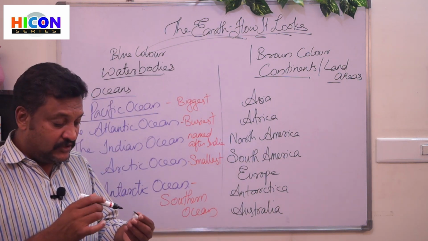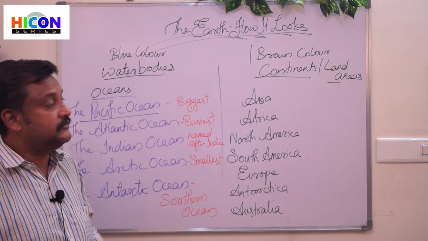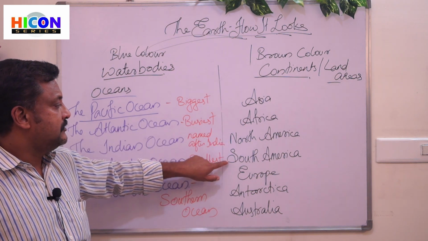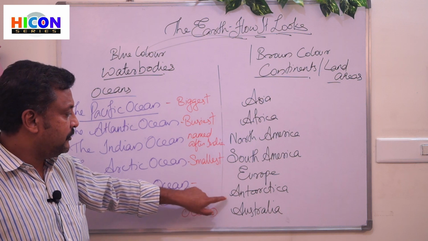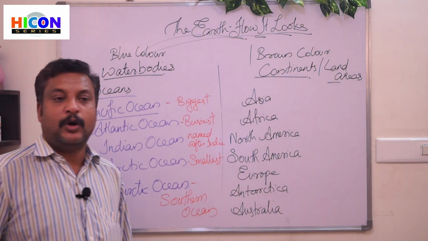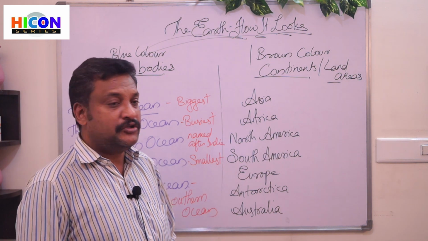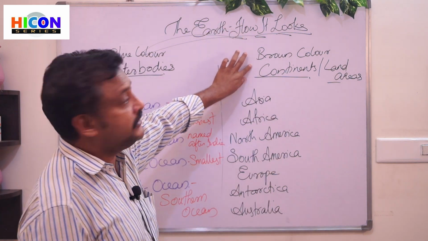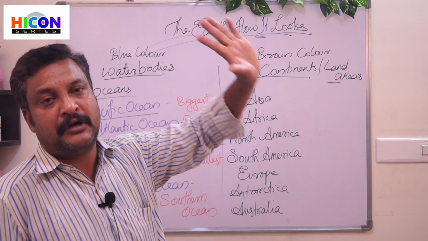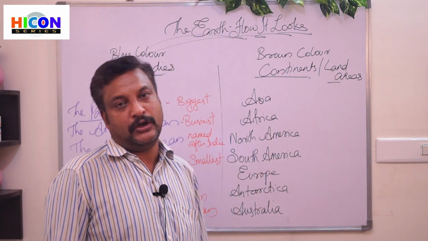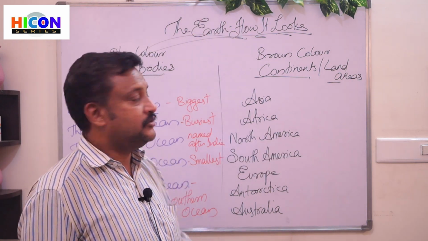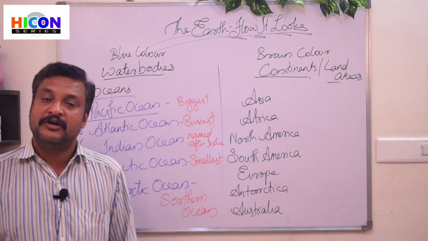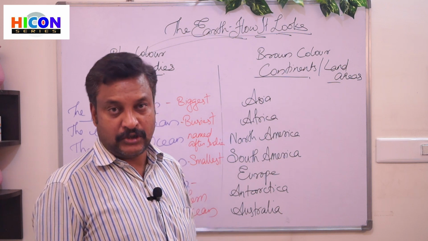So which are the 7 continents that we have on this earth? Asia, Africa, North America, South America, Europe, Antarctica, and Australia. So these 7 continents are the brown colored land masses that we can see on a globe.